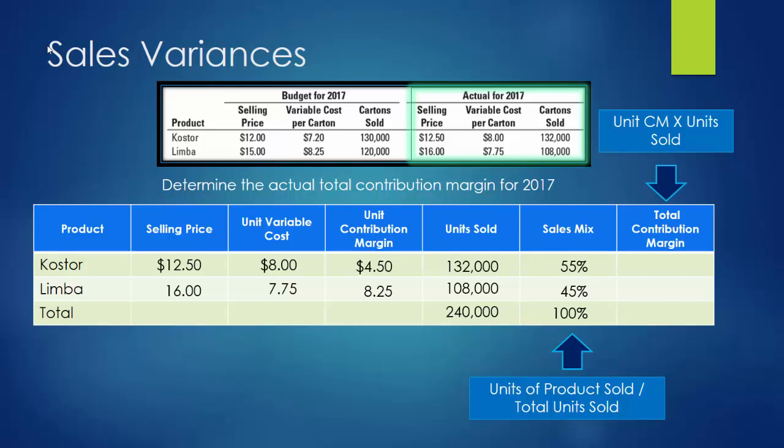Figuring out our total contribution margin, take the unit contribution margin and multiply it by units sold. For Costor, $4.50 per unit times 132,000 units means that the Costor contributed $594,000 towards paying our other costs. For the Limba, by that same math, it contributed $891,000 towards paying our other costs. And in total, we had a contribution margin of $1,485,000.